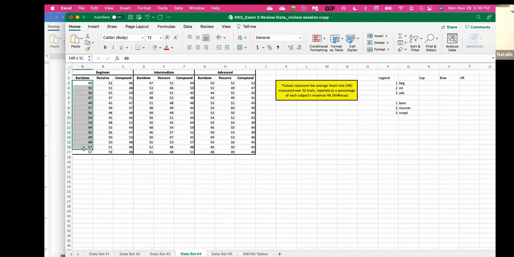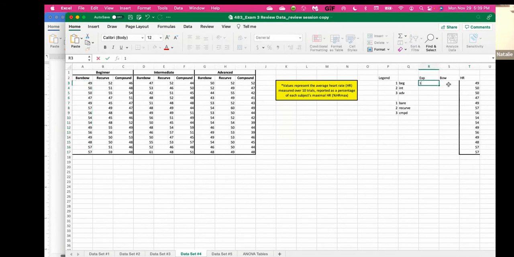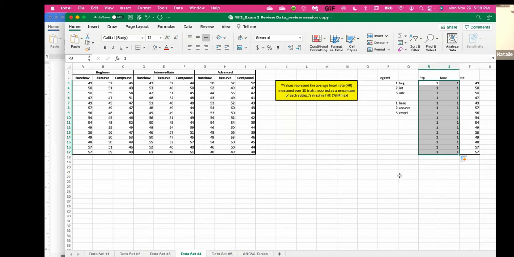So you could go through this step by step and say, all right, this chunk of people were beginners, so they get a data label of 1 under experience. And this was copied from the bare bow type, also data label of 1. Okay. And then you would just keep copying and pasting and stacking your data until you have every possible label combination figured out.